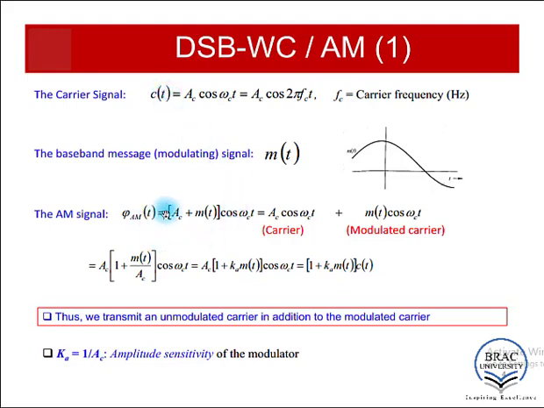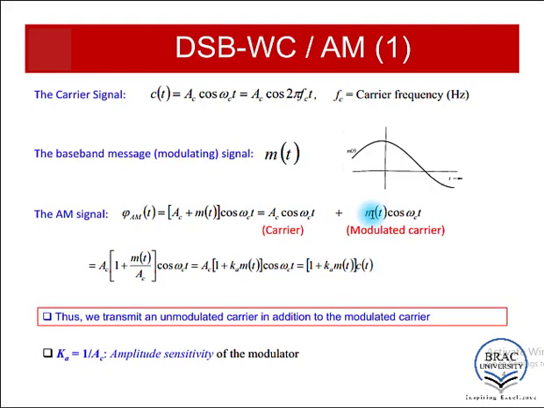We can break this signal down into two parts. One is Ac cos omega c t and the other one is m(t) cos omega c t. Obviously, the first portion is the carrier itself, Ac cos omega c t, and doesn't contain any part of the message. The second part, on the other hand, has m(t) in it.